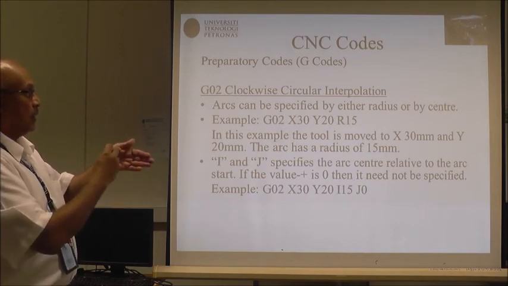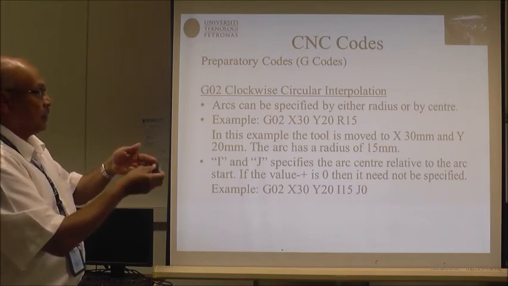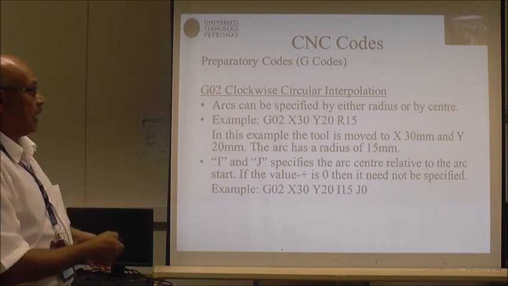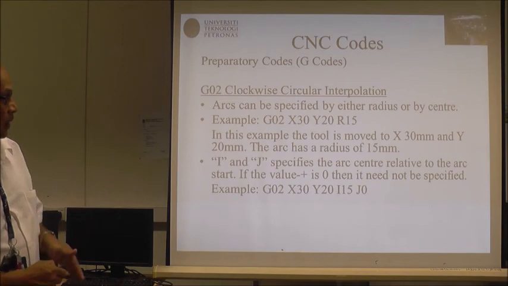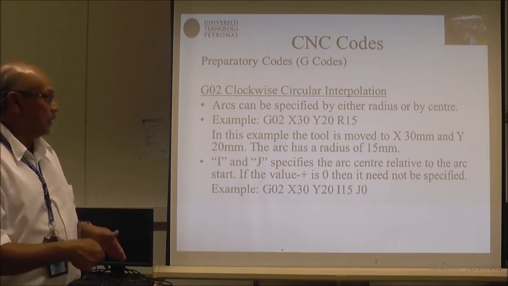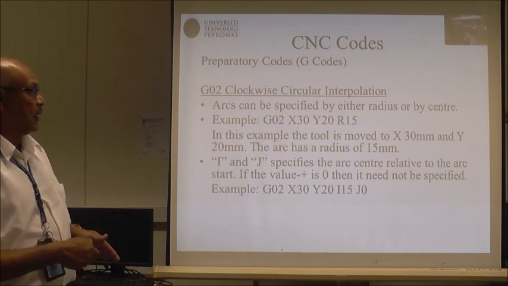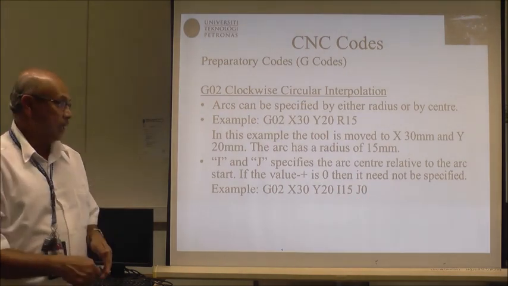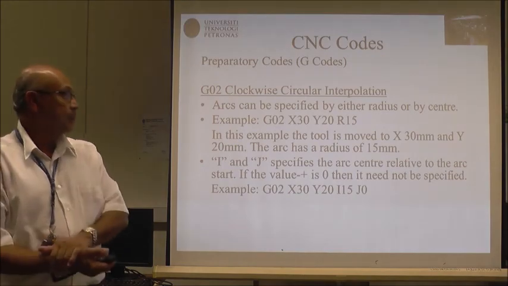So you get a clockwise circular interpolation from one point to the destination, which is X30 Y20, and the radius is 15. Okay, you don't have to worry about this. It will give the same result, but instead of giving the radius, it gives the center point. Like in AutoCAD, it will give you the same result. All right, next slide.